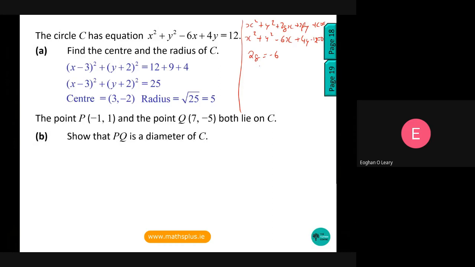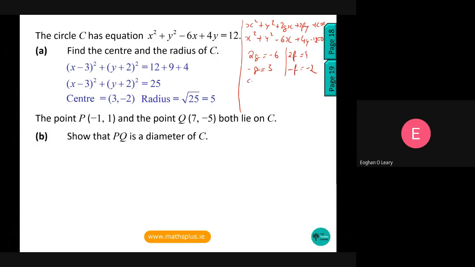We're looking for a center, which is going to be minus g, so basically you're dividing across by minus 2. So you're going to get 3. 2f is equal to 4, so minus f is going to be equal to minus 2.